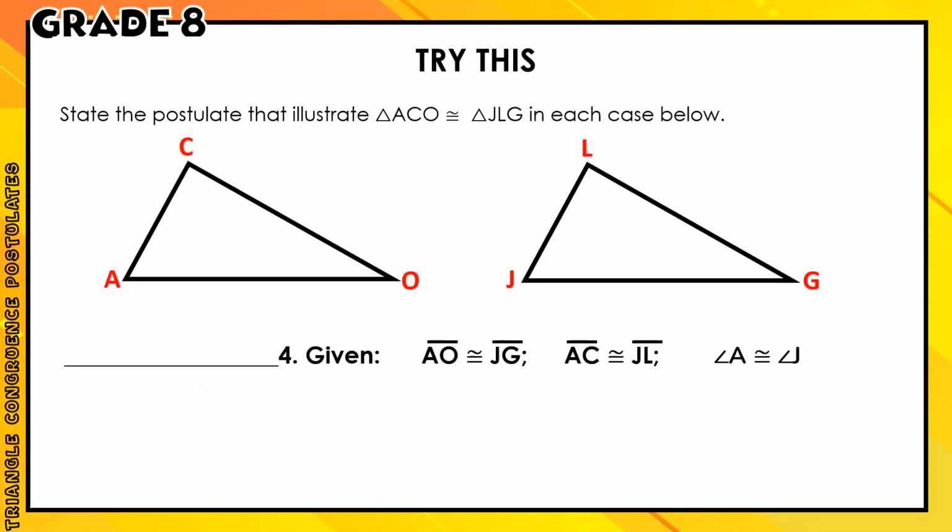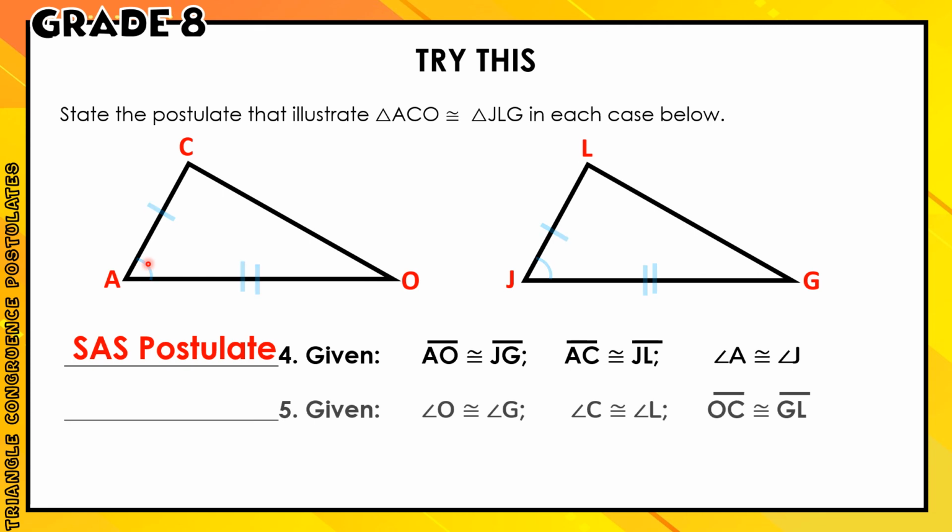So let's have question number 4. We have side AO congruent to side JG, side AC, side JL, at may isang angle. So lagyan natin ng markings. Obviously, pag may ganyang markings tayo, may side, tas napagitnaan yung angles, our answer will be SAS postulate.